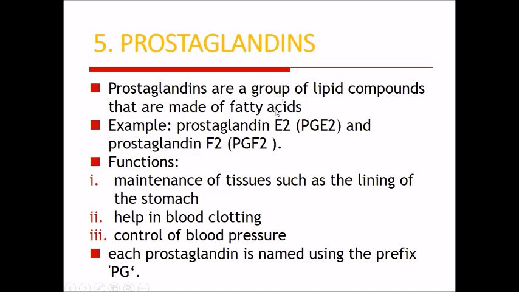The most common examples of prostaglandin are prostaglandin E2, known as PGE2, and prostaglandin F2, known as PGF2. The function of prostaglandin is for the maintenance of tissue because they make up the lining of our stomach, and it also helps in blood clotting in our body and controls the blood pressure.